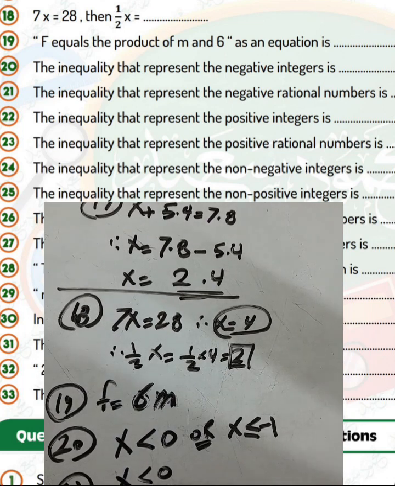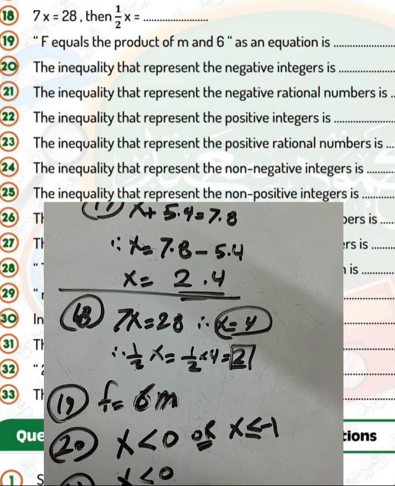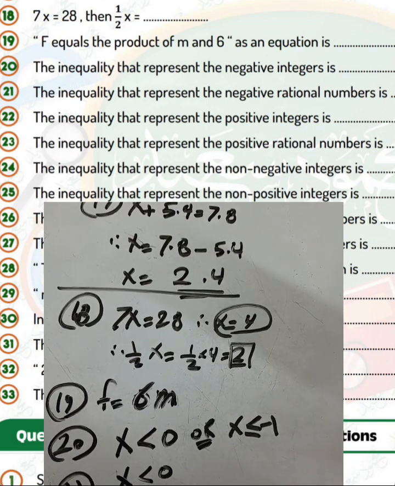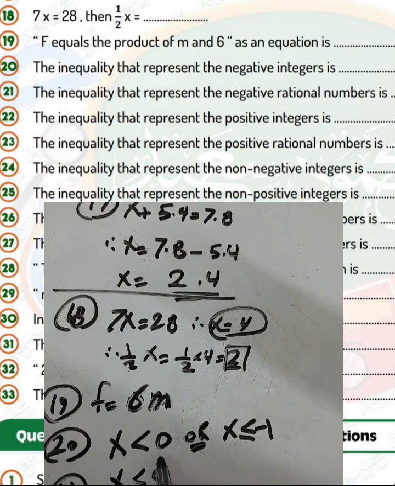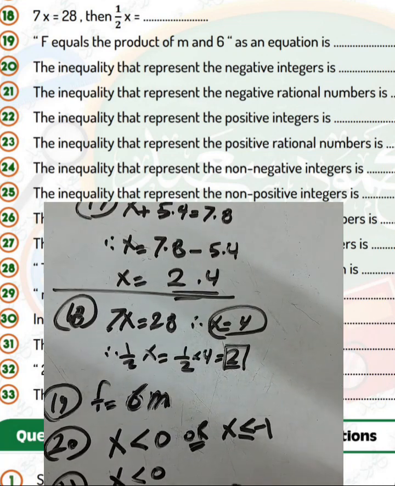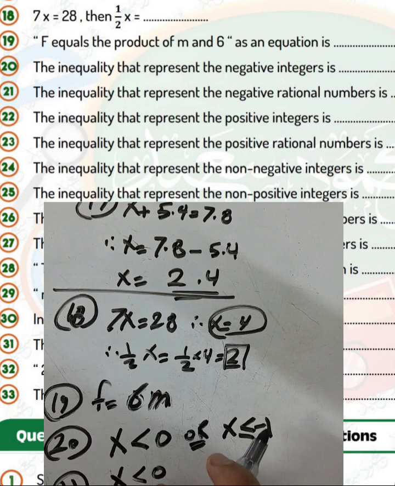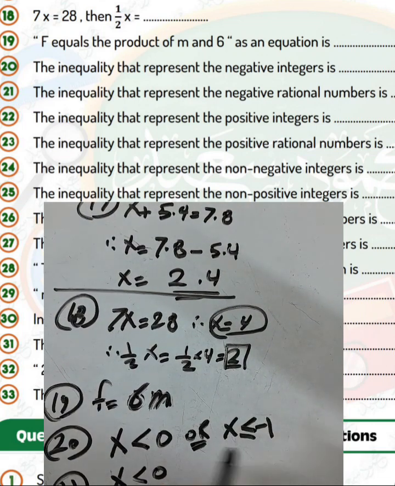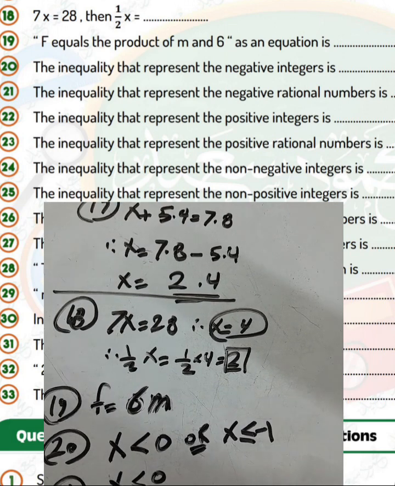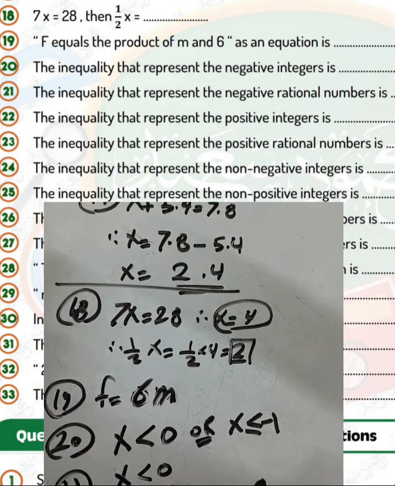Okay, because 0 is, we call this a rational number. And question number 20, the inequality that represents the negative integer, we have here 0 and -1. And we must write here 0 because it tells us in the example rational number. Rational numbers contain numbers such as 0, 1, 2, 3. It's like question 22.